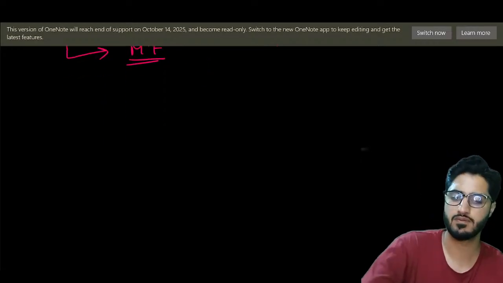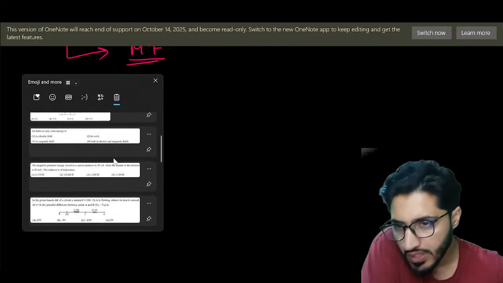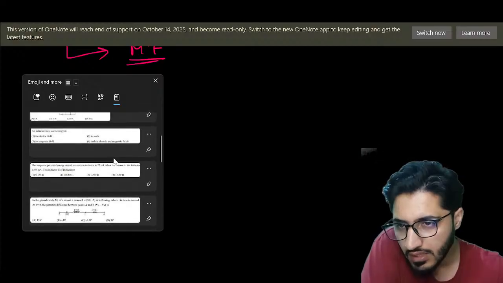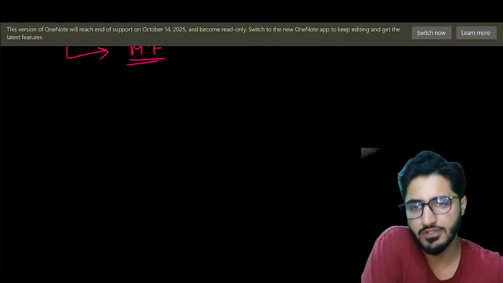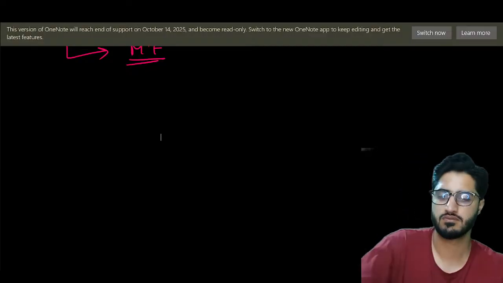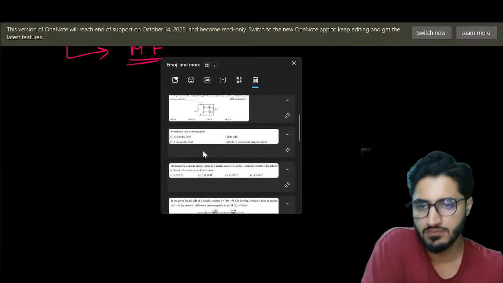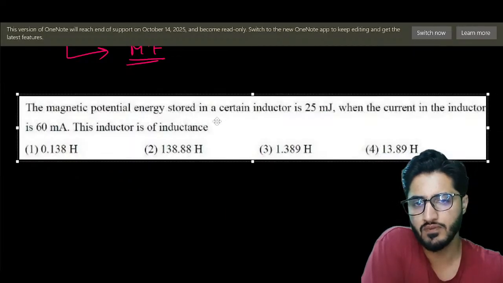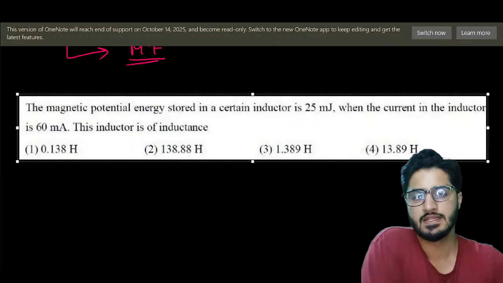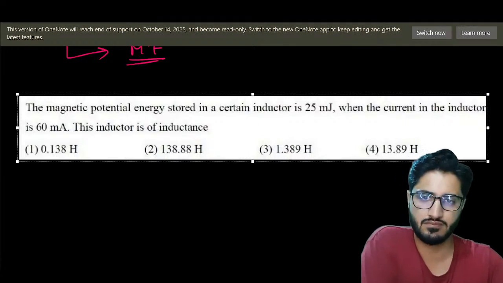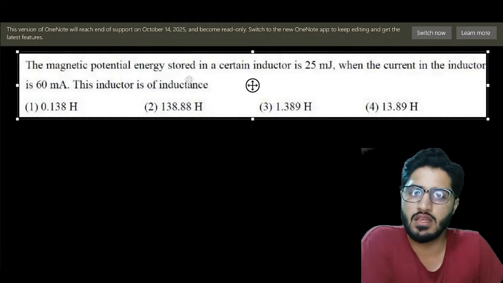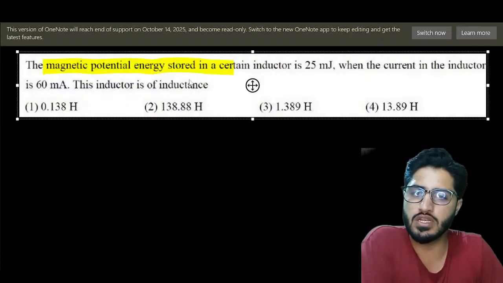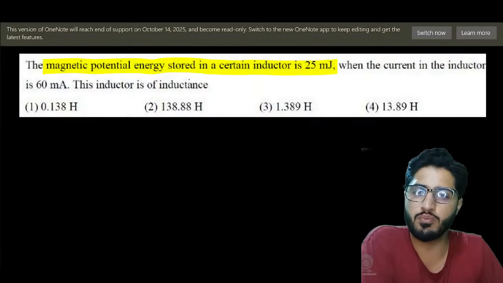One more numerical. The magnetic potential energy stored in a certain inductor is 25 millijoule.